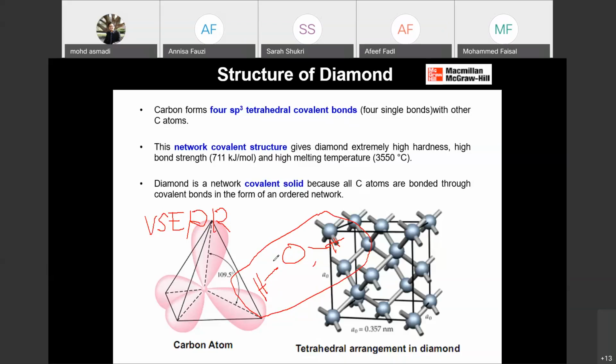So the angle is going to be reduced, because the lone pair will push the bonding pairs. It's not going to be linear. You have to remember that. So by using the valence shell electron pair repulsion theory, we can predict the geometry of the molecules.